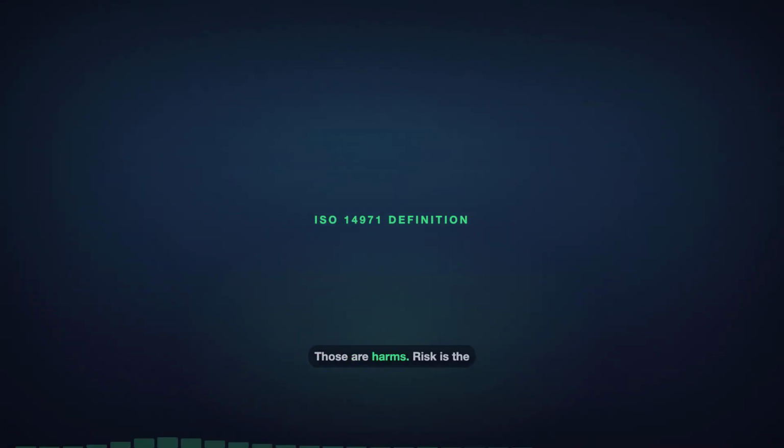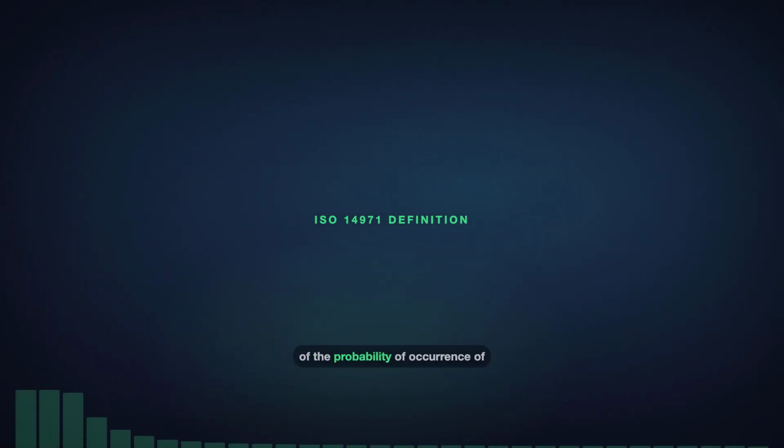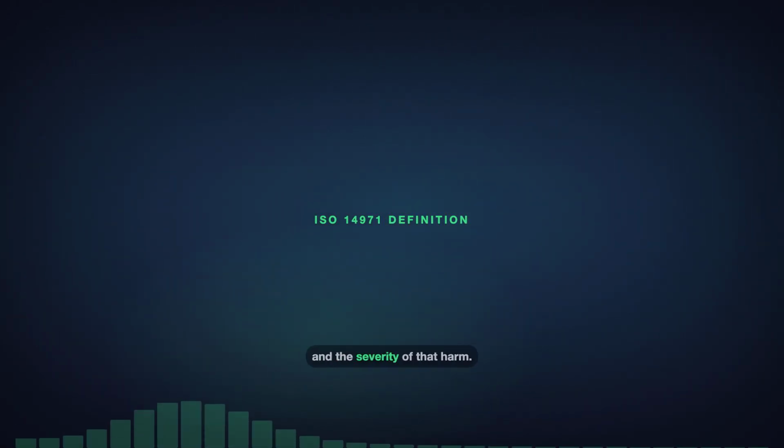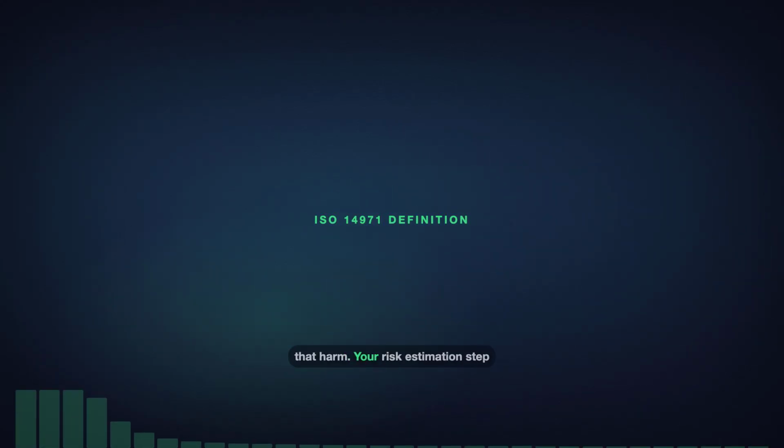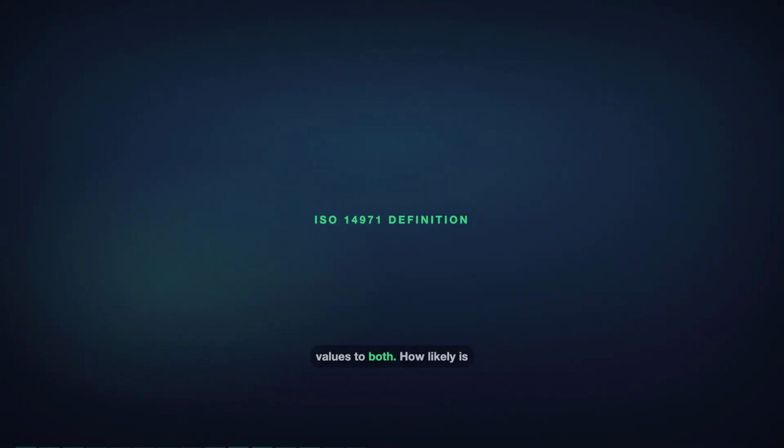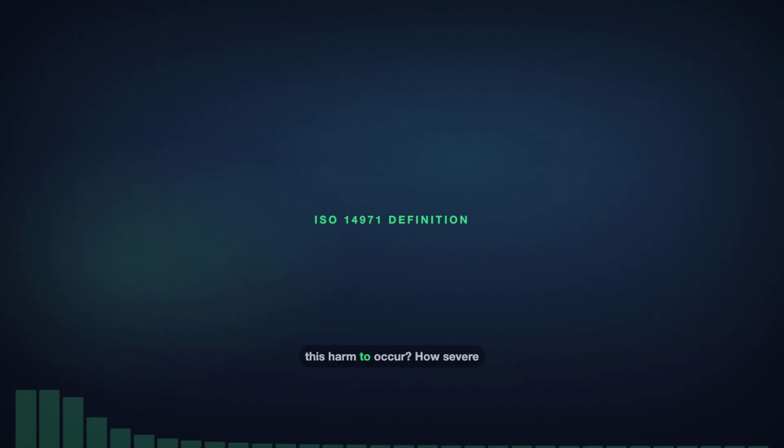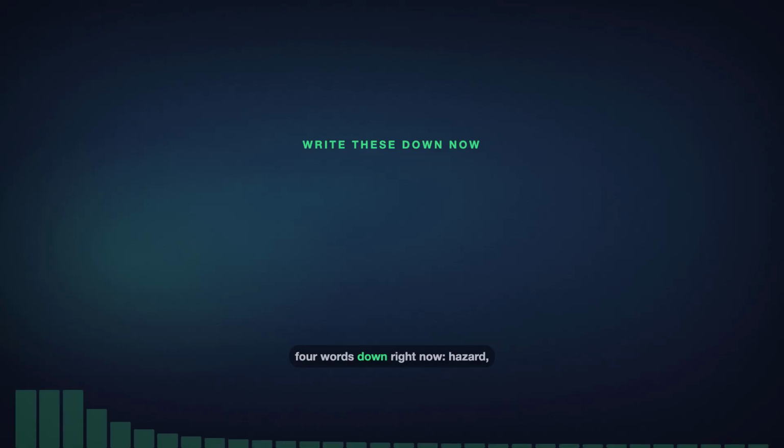Those are harms. Risk is the combination of the probability of occurrence of harm and the severity of that harm. Your risk estimation step involves assigning values to both. How likely is this harm to occur? How severe would it be if it did? So write these 4 words down right now.